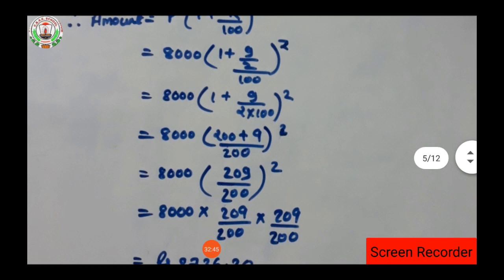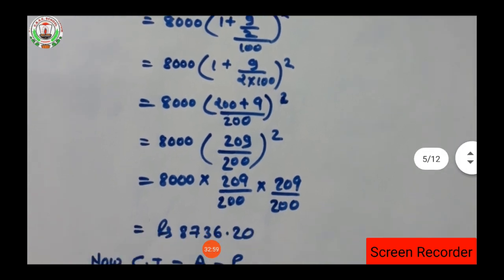Here we have 4 zeros in the denominator and in the numerator, 8,000, we have 3 zeros. To solve it, first cancel the zeros, then try to cancel by the table of 3 or 9. If it does not cancel, then directly multiply all the numerators and divide by the denominator.